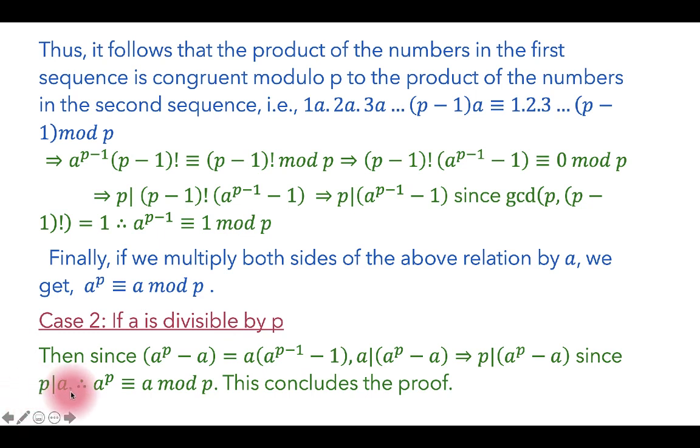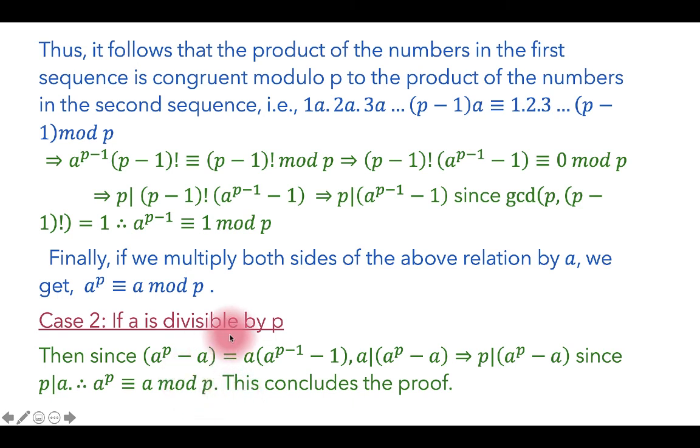But we know that p divides a in this case. So p divides a and a divides a raised to p minus a. So by the transitivity of divisibility relation, we must have p divides a raised to p minus a. That is, a raised to p is congruent to a modulo p.